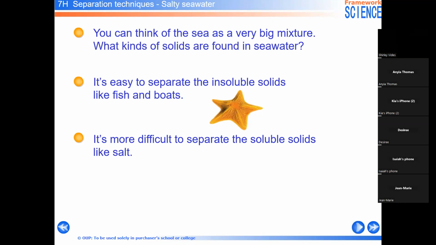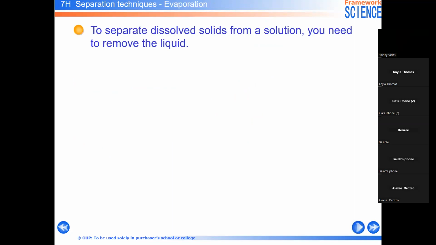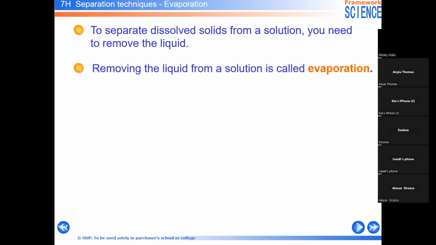That's the salt. How do we do that? When you do a separation like this, you have to remove the liquid by evaporation. You can't just filter it because one of them is dissolved in the other, so they're both about the same size, and you can't filter. So you remove it by evaporation.